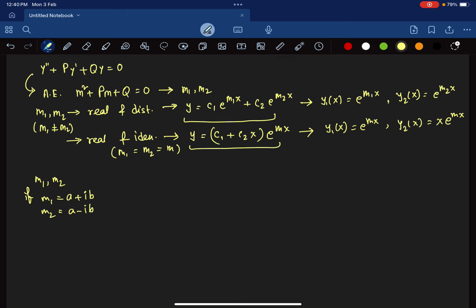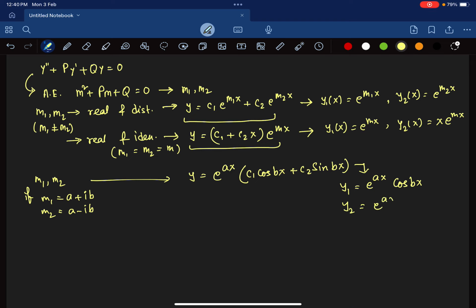So in this case, y is equal to e power ax (c1 cos bx plus c2 sin bx) will be the general solution. And here also, y1 is e power ax cos bx and y2 is e power ax sin bx.